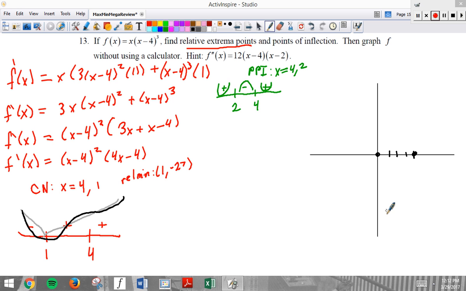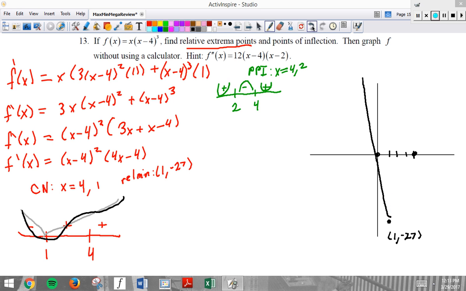And at 1, I know I'm at negative 27, which is way down here. Okay, so here I go. It's going to look ugly. Decreasing, concave up, decreasing, concave up.